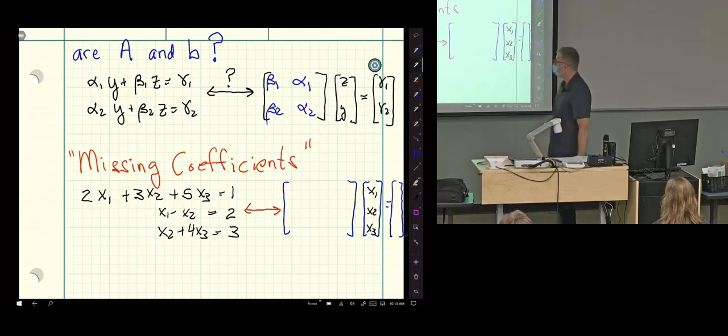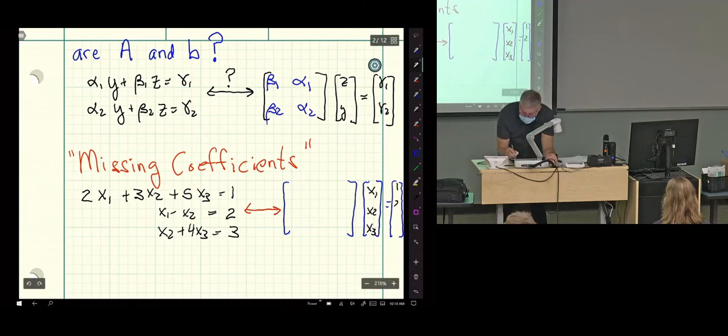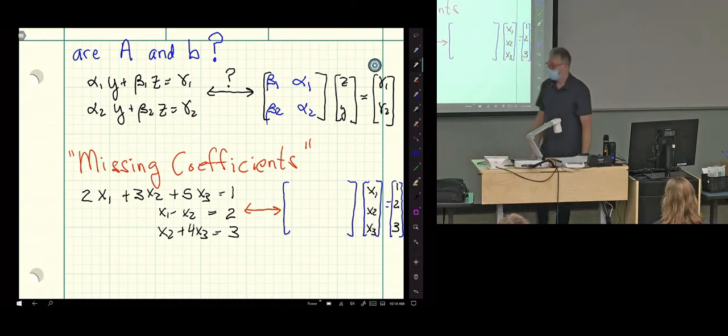Okay, so now that we've defined the x, and we're keeping the same order of equations, we can just put the constants over here. They're already conveniently on the right-hand side of the equation.